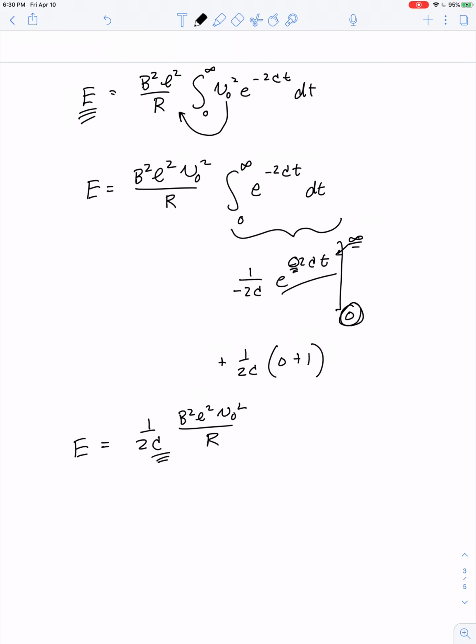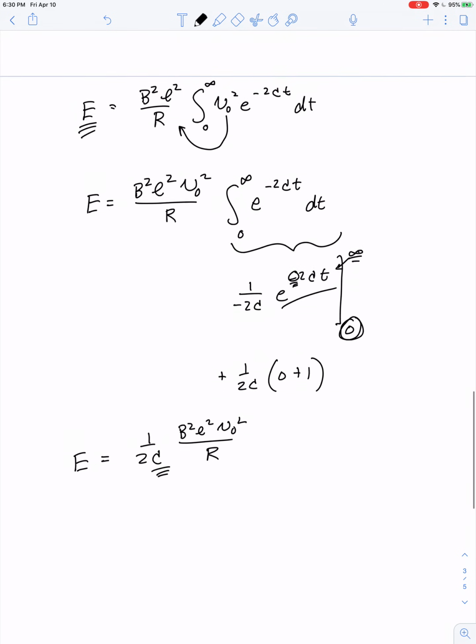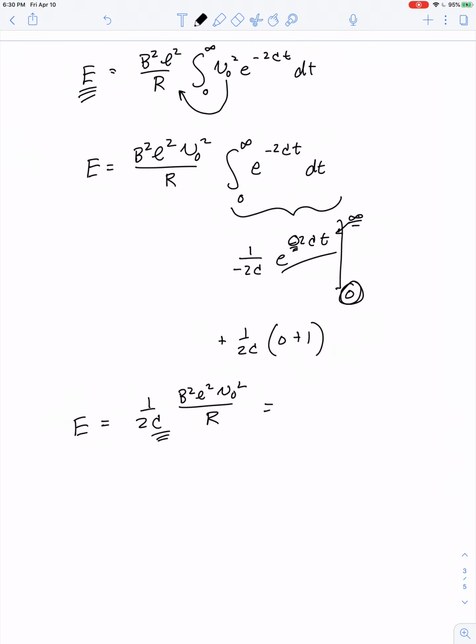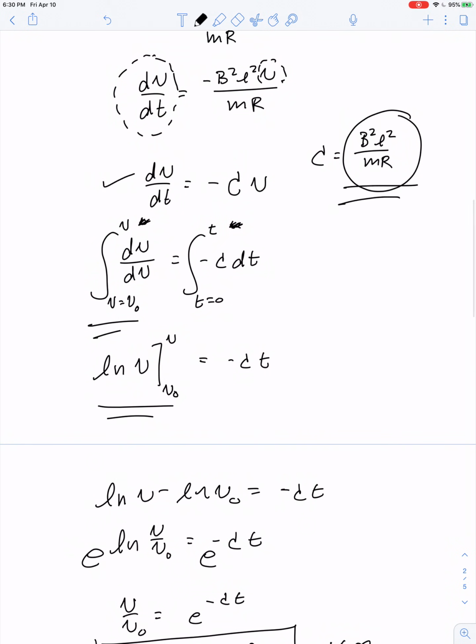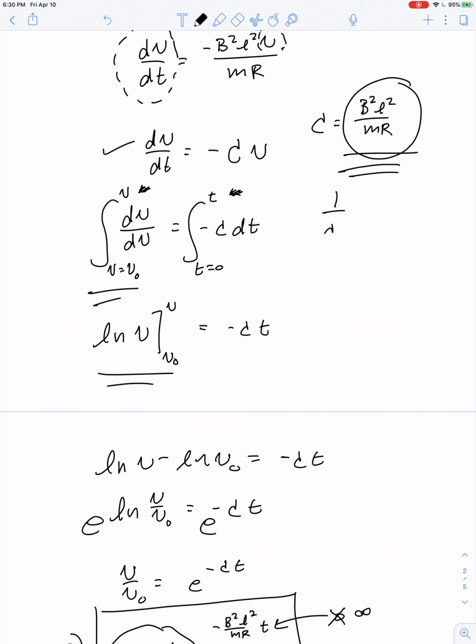Now, let's plug in for c. Let's write this a little differently. This is the inverse of c times B squared L squared V naught squared over 2R. Okay, so what's c? c is B squared L squared over MR, so 1 over c is MR over B squared L squared.